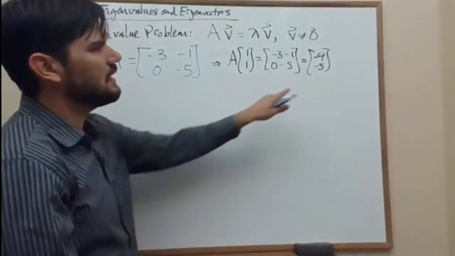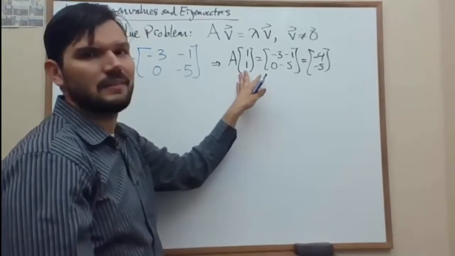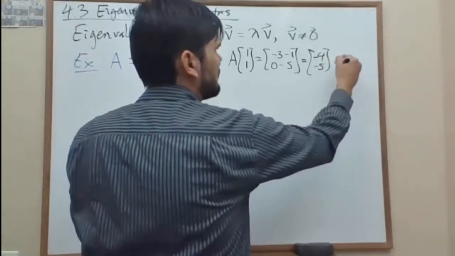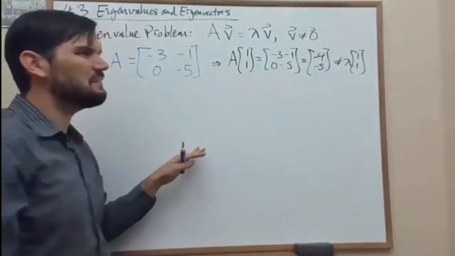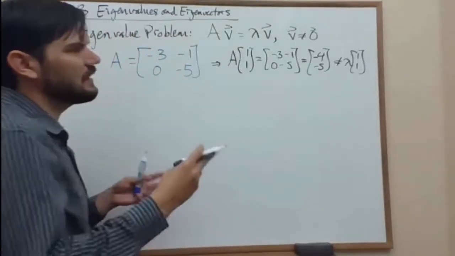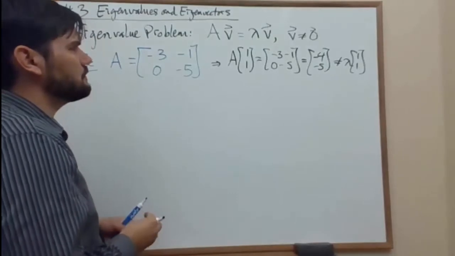Now this is really close to a multiple of 1, 1, but it's not. But being really close means that we're in the ballpark of the structure eigenvector for this matrix. So let's see.